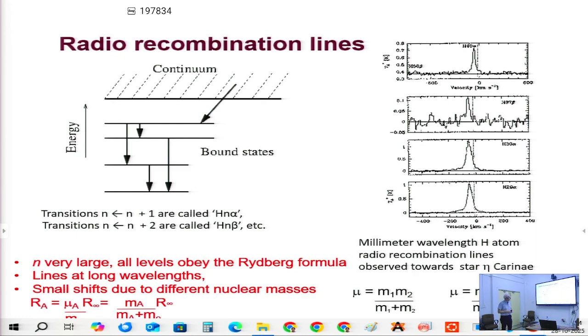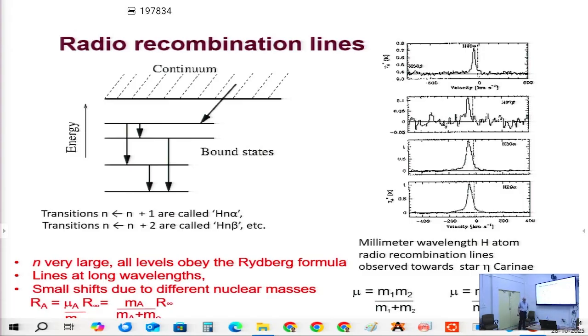So these things basically all obey the Rydberg formula. If it wasn't for the fact there's a slight mass shift to do with the different mass of the nuclei, all the lines would lie on top of each other. The Rydberg constant we measure and look up in the books assumes an infinite nuclear mass. But if you have a practical nuclear mass, you have to scale it by the reduced mass.